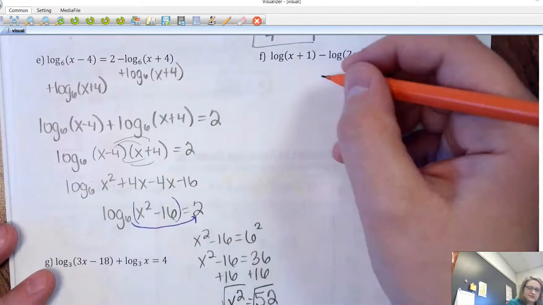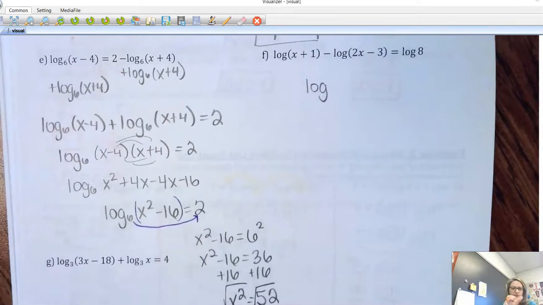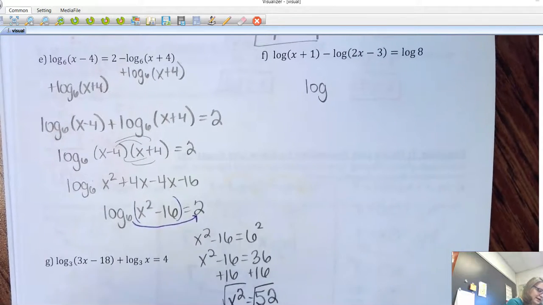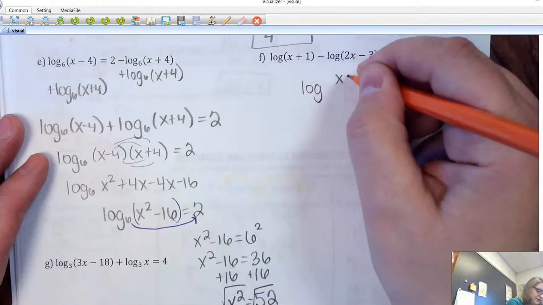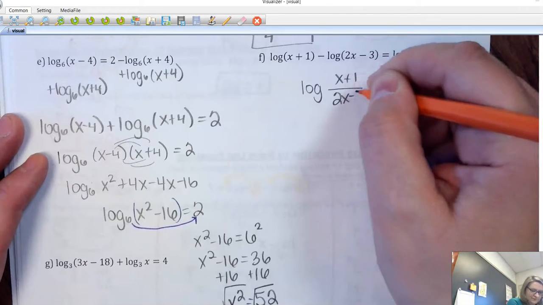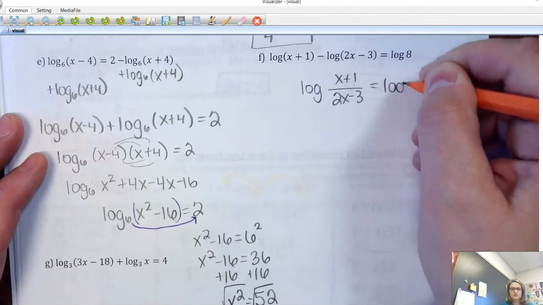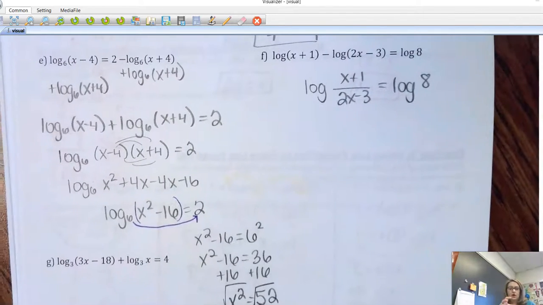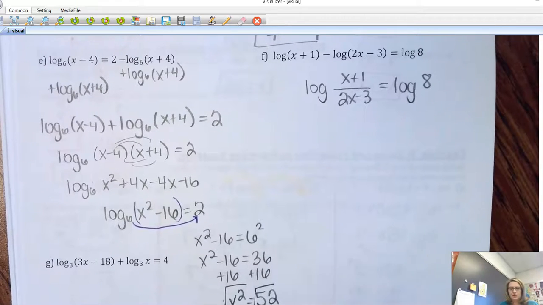If I do that, single log out in front, subtraction turns into division, so we'd have x plus 1 over 2x minus 3, and then that would be equal to the log of 8. Now, log with no base is a common logarithm, so both of those would be log base 10, even though it's not written in there.